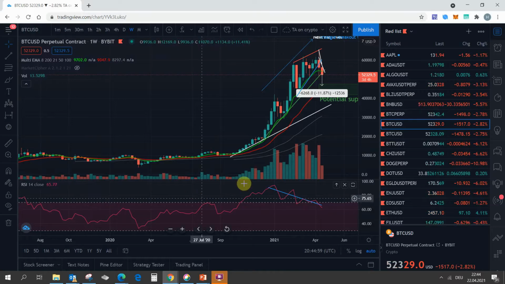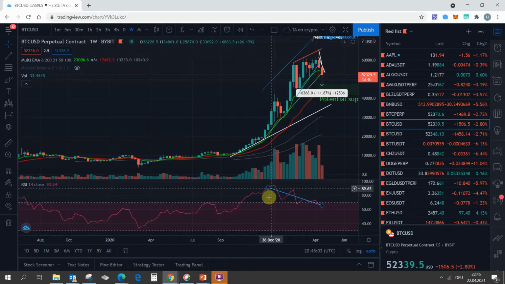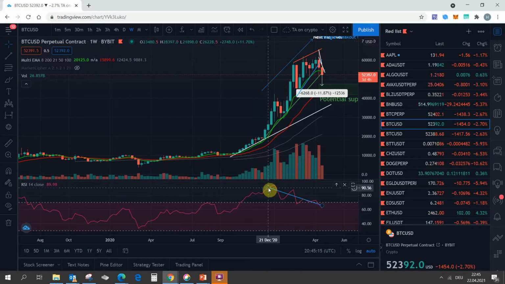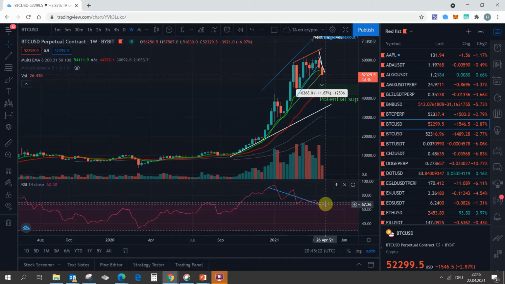It shows how much strength the past candles have had. And when you see that the strength is going down and this is bearish, whereas the price is going up, this kind of pattern in technical analysis is called bearish divergence. When you have a bearish divergence, you always tend to have a drop.